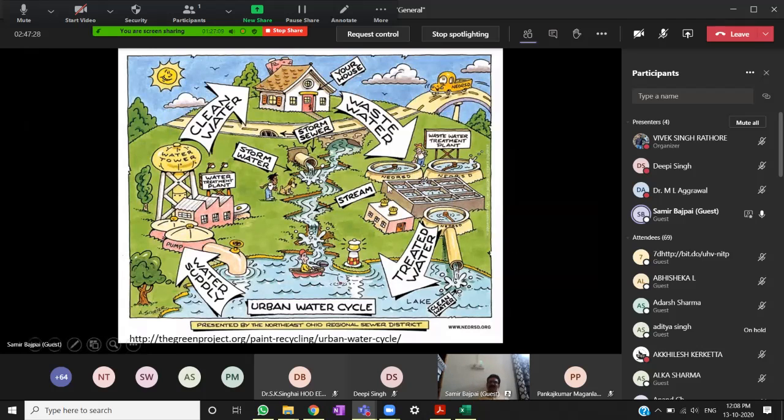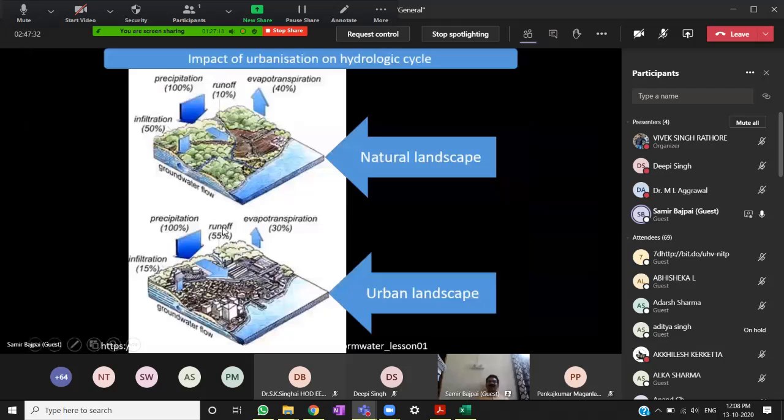So imagine a river which is flowing through various cities. In a natural landscape, there is a lot of possibility for rejuvenation. Typically there is a lot of infiltration, and so a lot of groundwater flow. Infiltration is 50%.